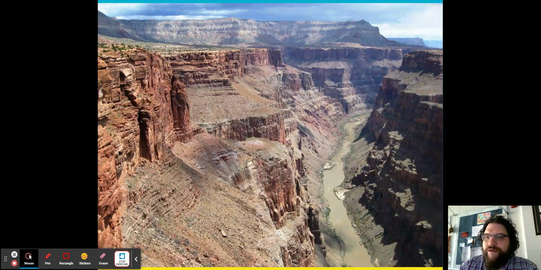So wind and water erosion is a physical change. The Grand Canyon is an example of a physical change. The Colorado River has run through the Grand Canyon for I have no idea how long, and it has slowly moved rock out of its path and worn itself down until it's in this large canyon.